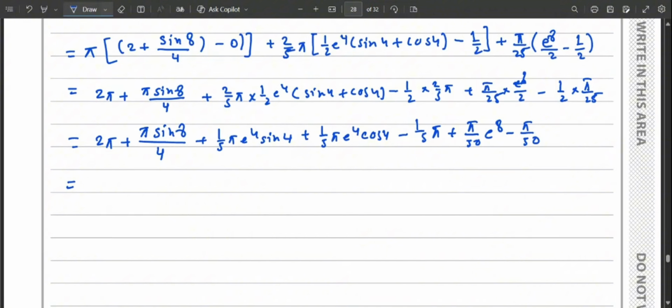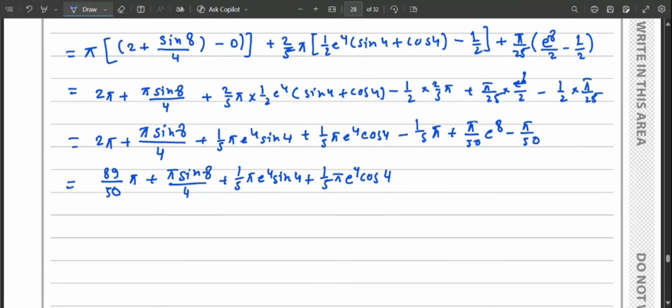So simplifying all the pi terms, we get 89 by 50 pi plus pi sine 8 by 4 plus 1 by 5 pi e to the power of 4 sine 4 plus 1 by 5 pi e to the power of 4 cos 4 and plus pi by 50 e to the power of 8.